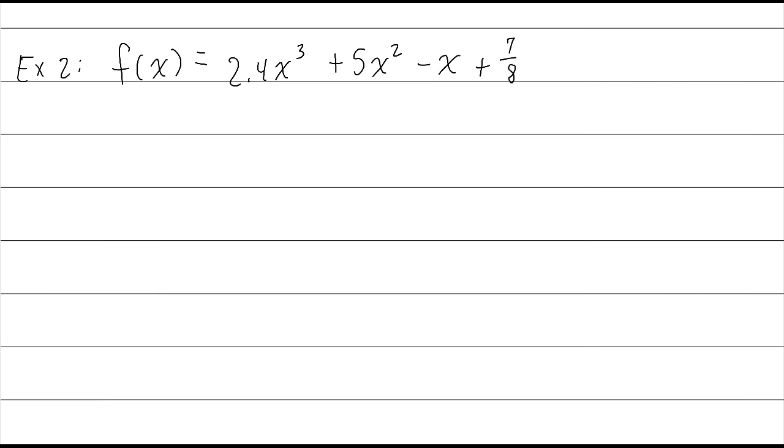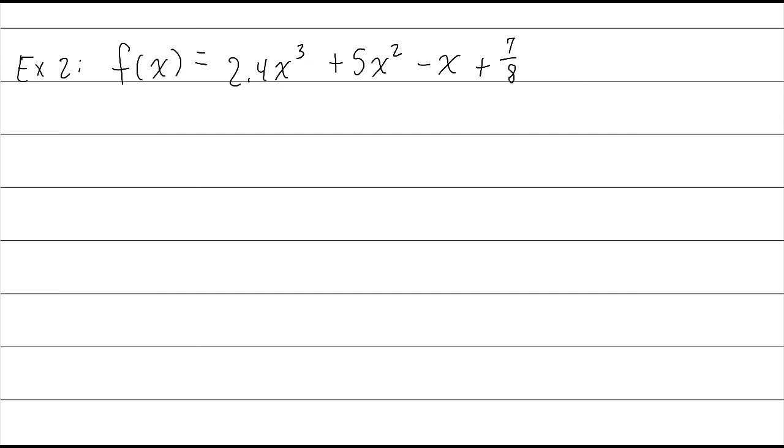Okay, so I put that 7/8 there to throw you off a little bit. Okay, because remember I said it has to be all positive and whole numbers, right? Well, I was talking about the exponents, right? So a number, like a coefficient or a constant term, of course, can be a fraction. Okay, but remember also, we're only looking at the leading term. So it doesn't really matter what the rest of this thing looks like.